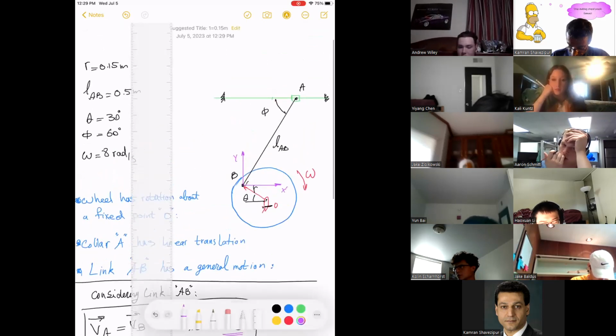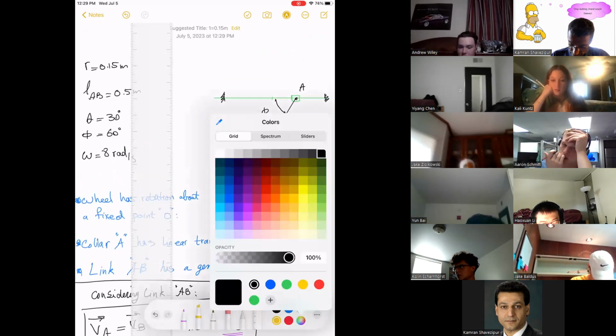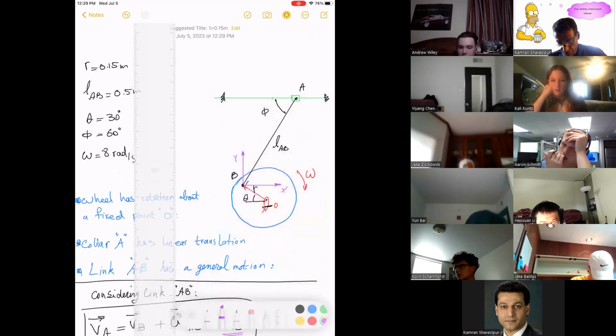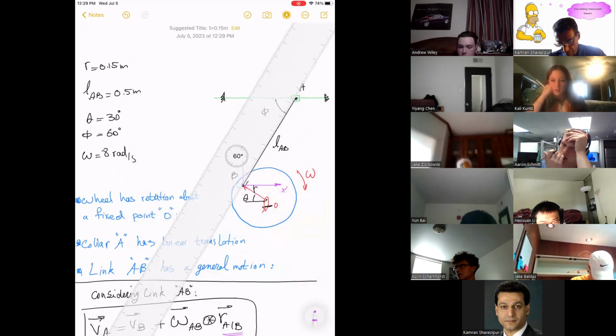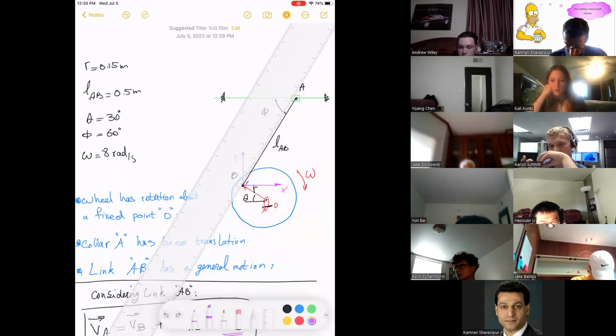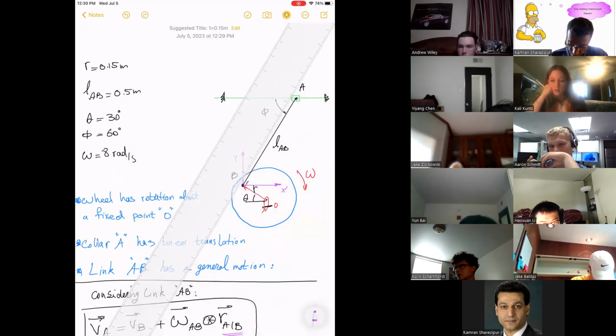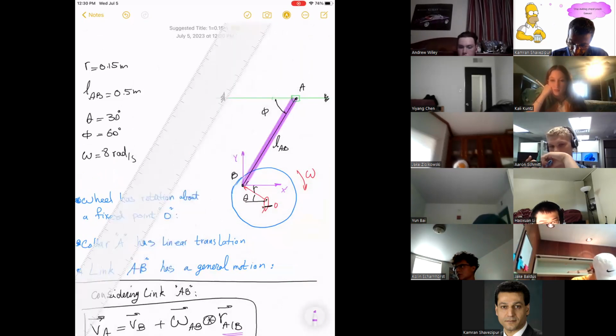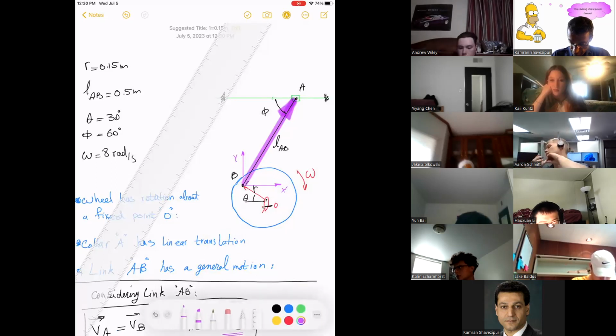That vector should look like this. This is going to be a relative vector, right? R A with respect to B goes from B to A. Is this correct?